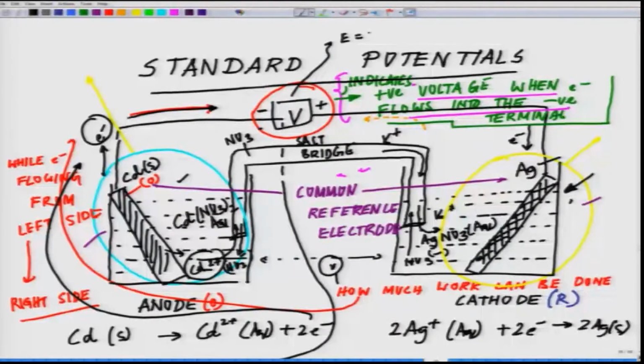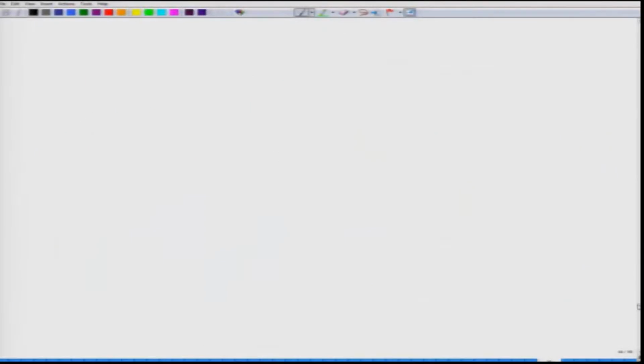What is the driving force which will drive the electrons to do the work of moving from cadmium to the solid silver electrode? This is what the Nernst equation addresses, and that is what we are going to talk about today. So, let us resume the lecture.